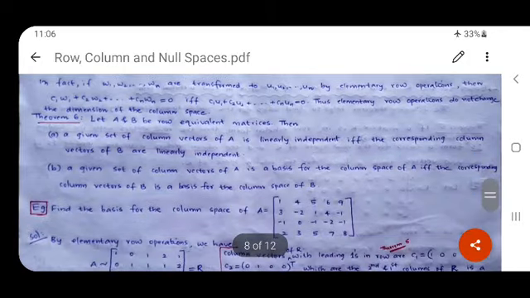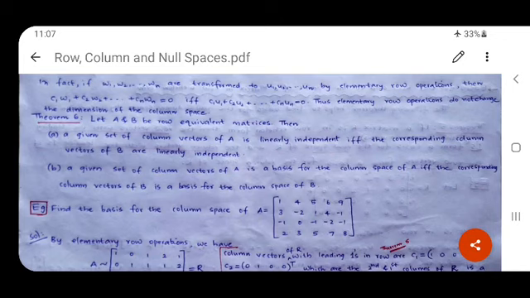So we have another theorem, theorem 6. Let A and B be two row equivalent matrices. Then a given set of column vectors of A is linearly independent if and only if the corresponding column vectors of B are linearly independent. And a given set of column vectors of A is a basis for the column space of A if and only if the corresponding column vectors of B is a basis for the column space of B. So it is a very important theorem.